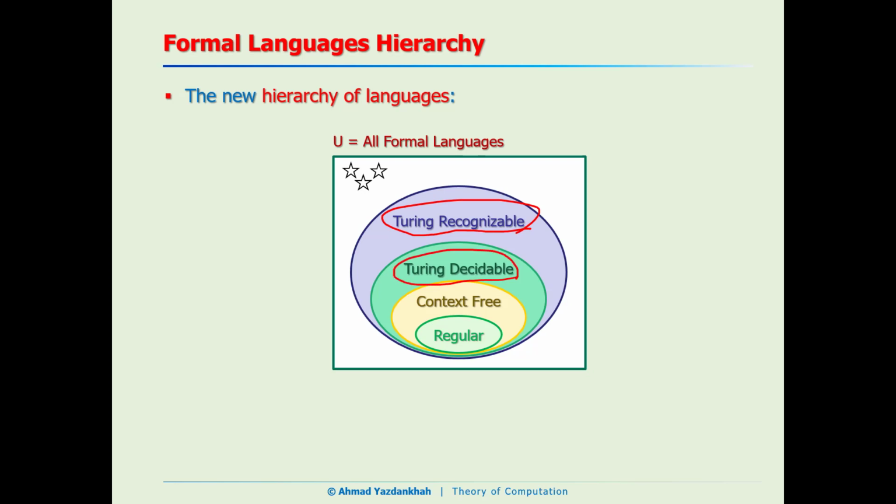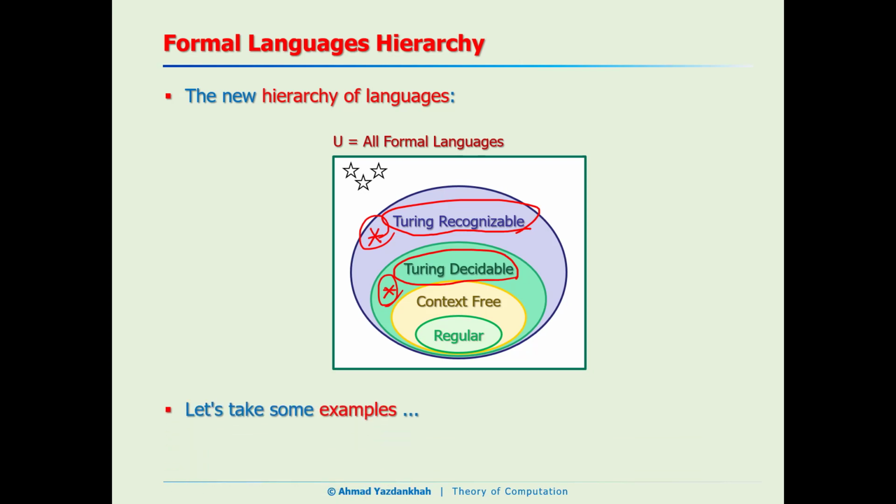If a language is here, it means that there is a decider for it, and a decider is a Turing machine that always halts. But if a language is here, it might get stuck in an infinite loop. That's the difference between these two languages.